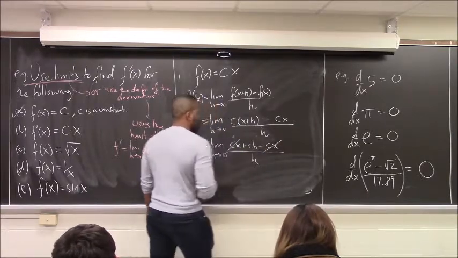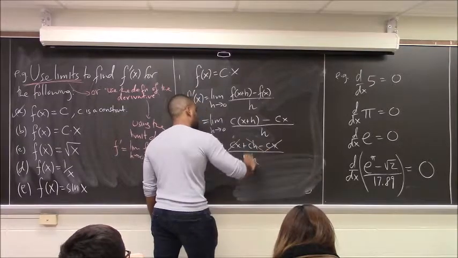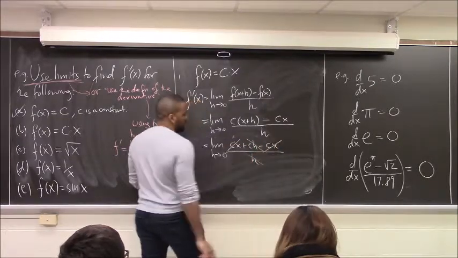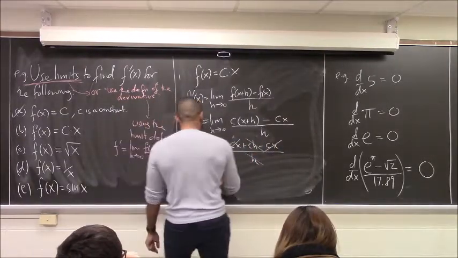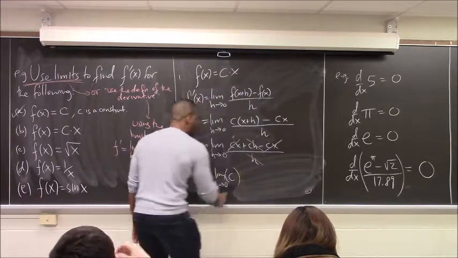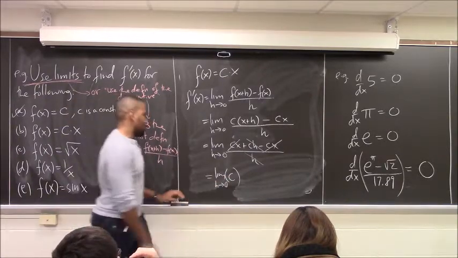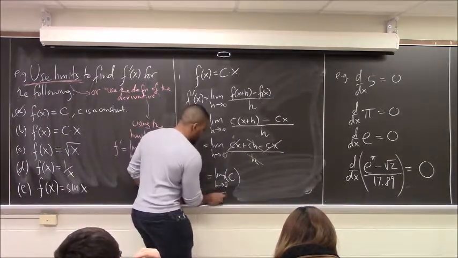This cancels that, and the h also cancels, because now it's just a product. So we have the limit as h approaches 0 of c. There is no h here, so that is just c.